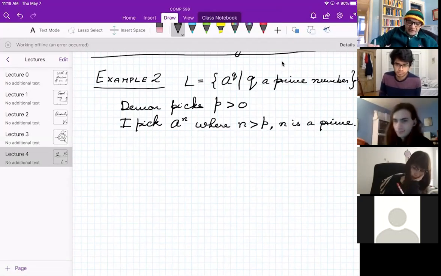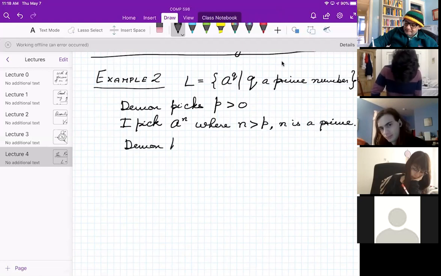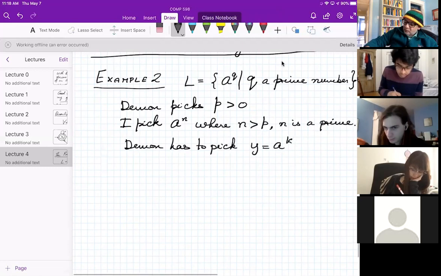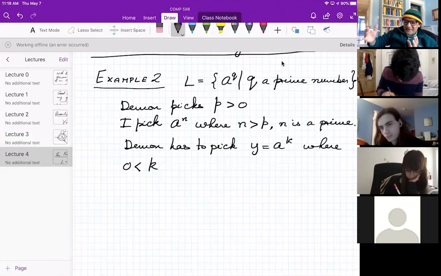Now what does the demon do? The demon has to pick y equals a to the k, where k is strictly greater than 0. There's no other letter than a, so whatever the demon picks, it's going to be a to the something.